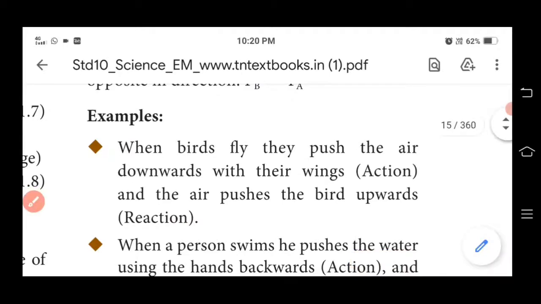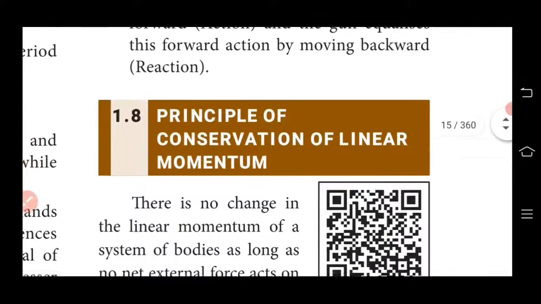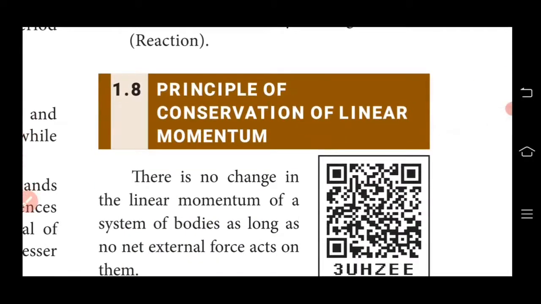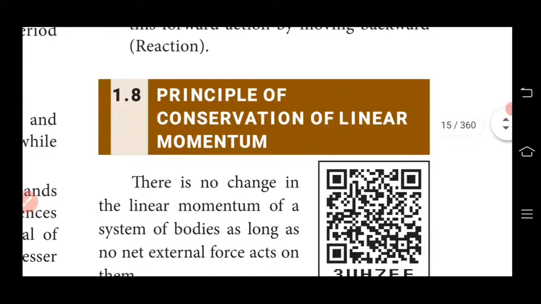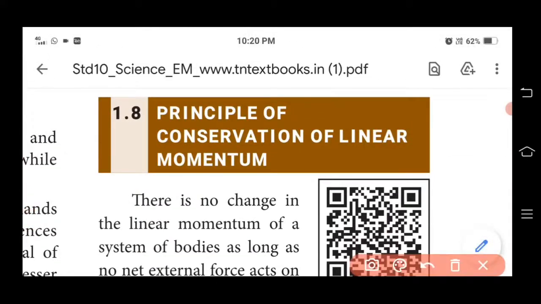Students, now we are going to learn today's topic, principle of conservation of linear momentum. You know what is meant by linear momentum. The object which travels in a straight line is said to have linear momentum.